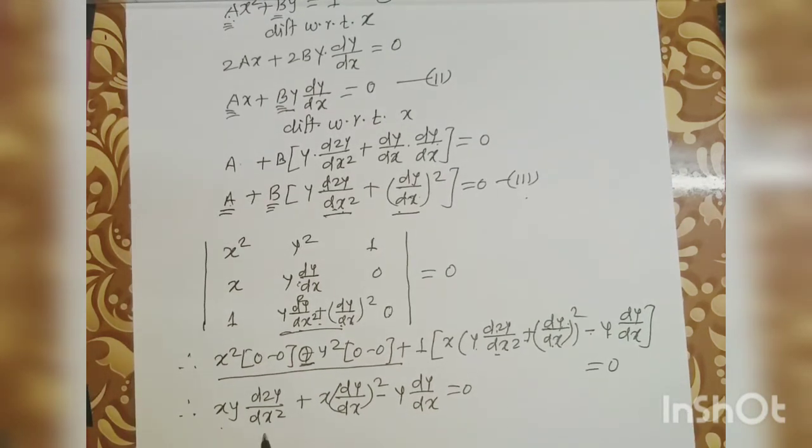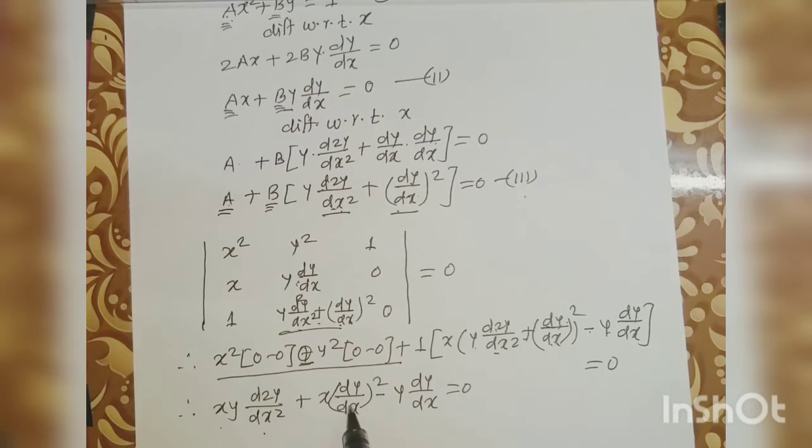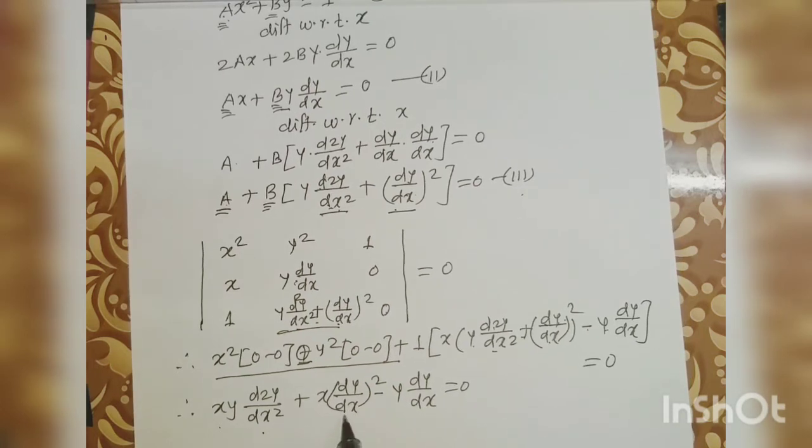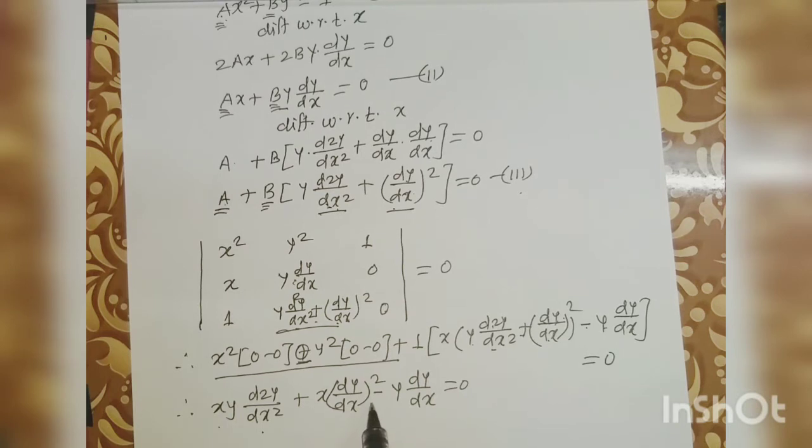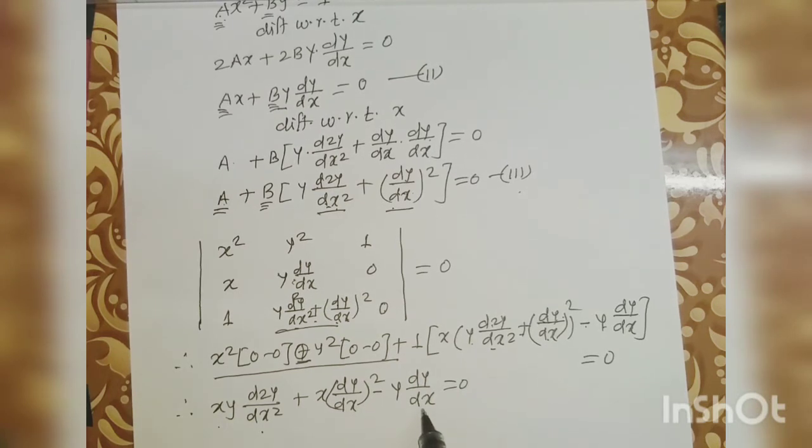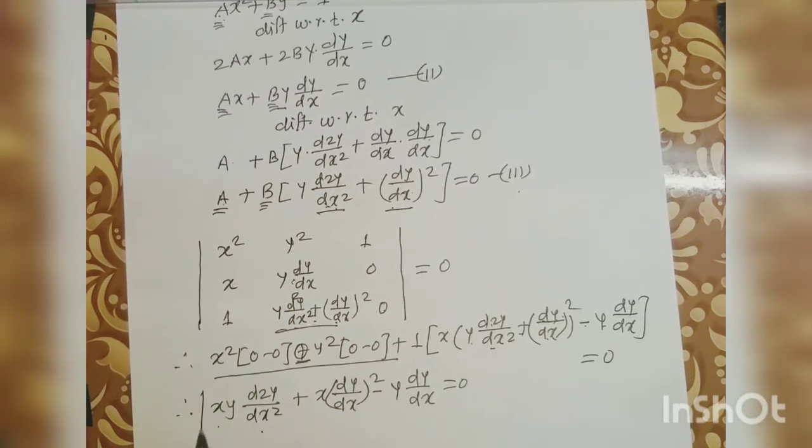Xy d2y by dx square plus x dy by dx bracket square minus y dy by dx is equal to 0.